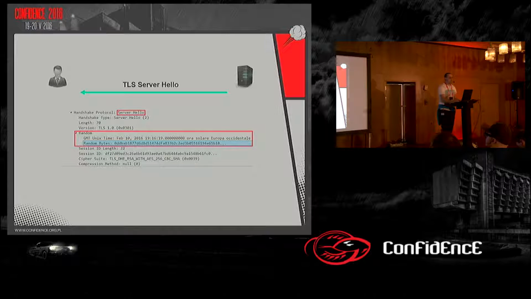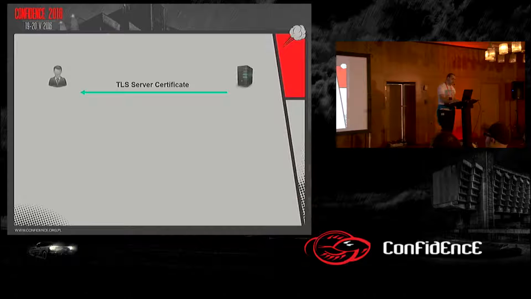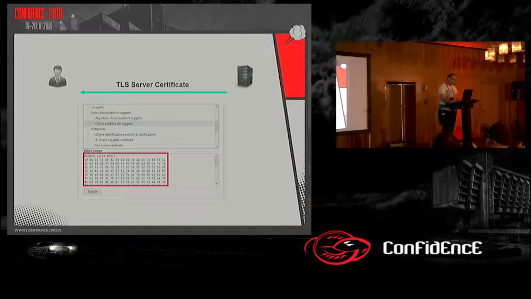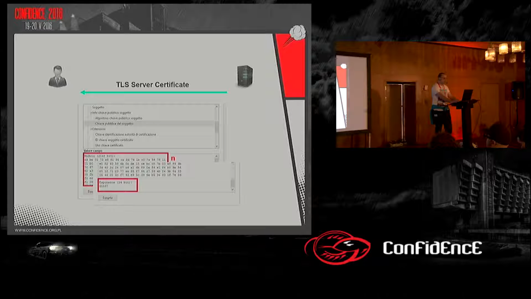The server answers with a TLS server hello, and basically this contains as well a structure of 32 bytes, a random structure. At this point, the server answers with the certificate, and the certificate basically contains the public key, which is composed of two elements: a modulus, which is called N, and the public exponent, which is called E, and it is basically always the same, 3 or 65,537.